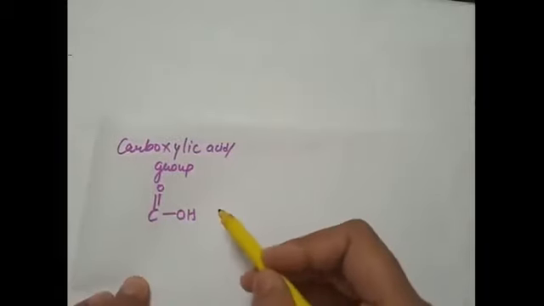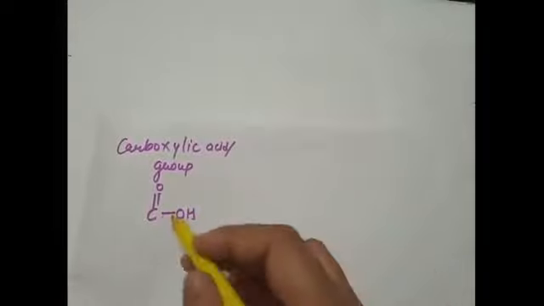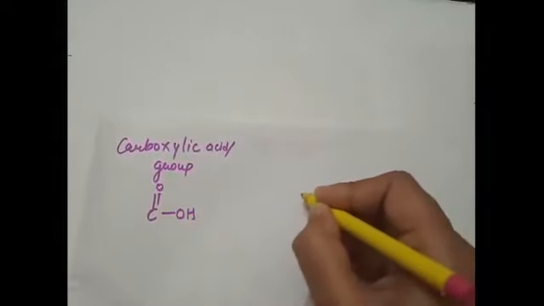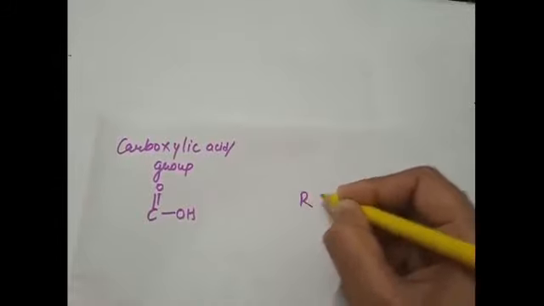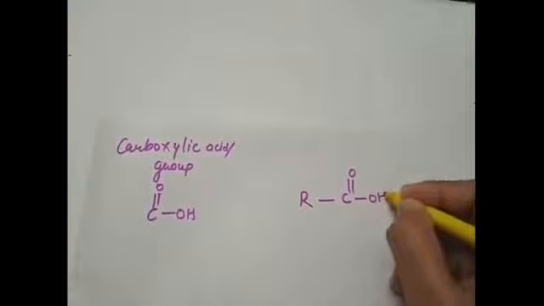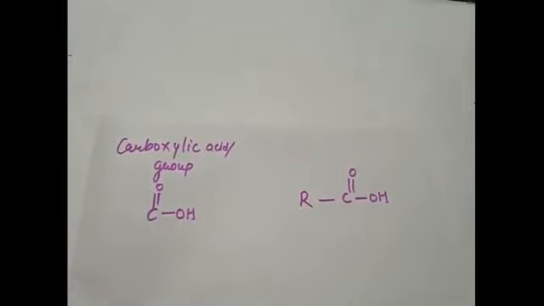Now the last is carboxylic acid, that is C double bond OH. It will always be attached as R C double bond OH. So this is how all these functional groups are attached to carbon chains or carbon rings.